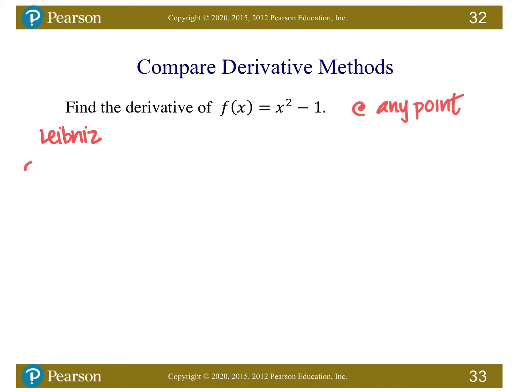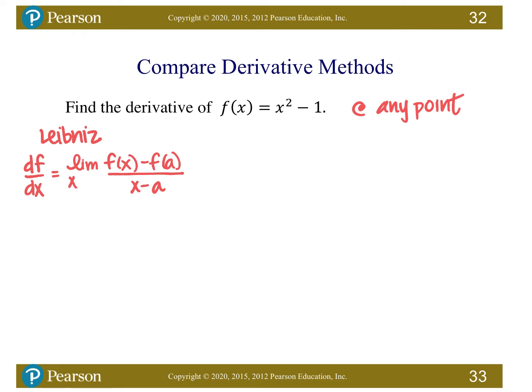Okay, so Leibniz would say df dx. And Leibniz would say that we're going to do the limit of f of x minus f of A over x minus A. That would represent any point possible. So A is your starting point, and then x could be anything on there.